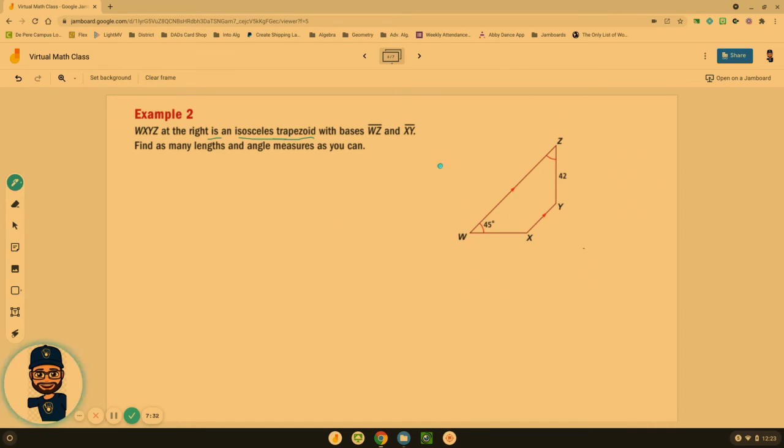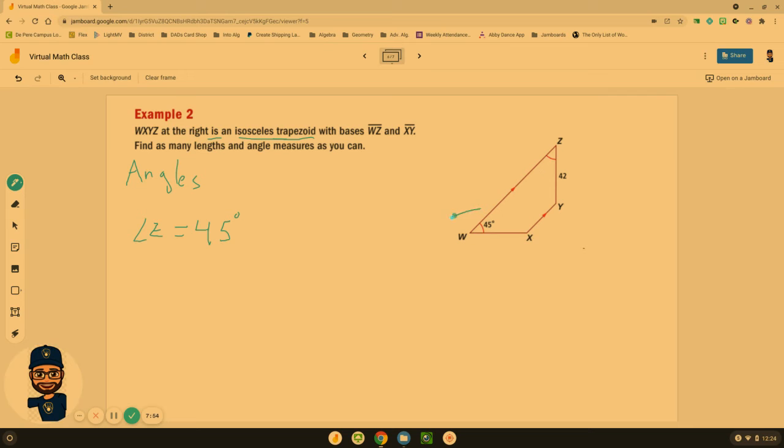So we're going to look over here and let's just start with all of the angles. If angle W is 45, that means the other base angle, angle Z, has to be what? It also has to be 45. Do we know any other angle measures?